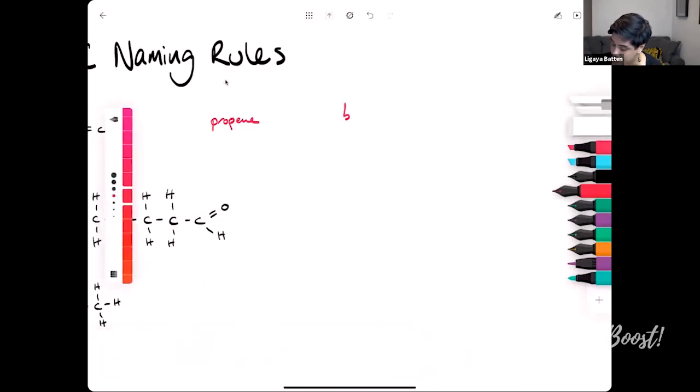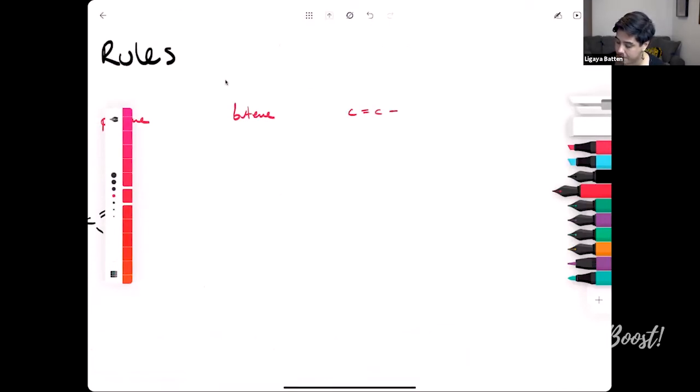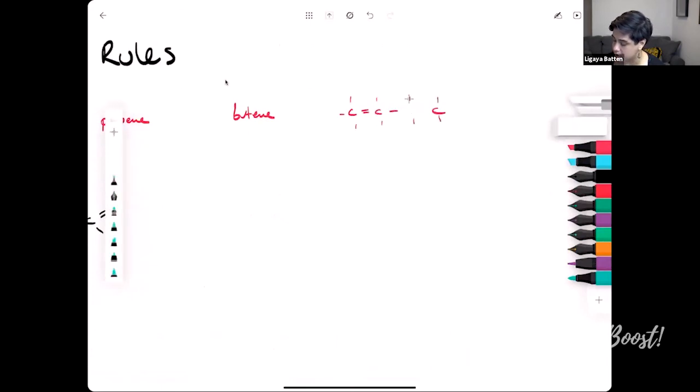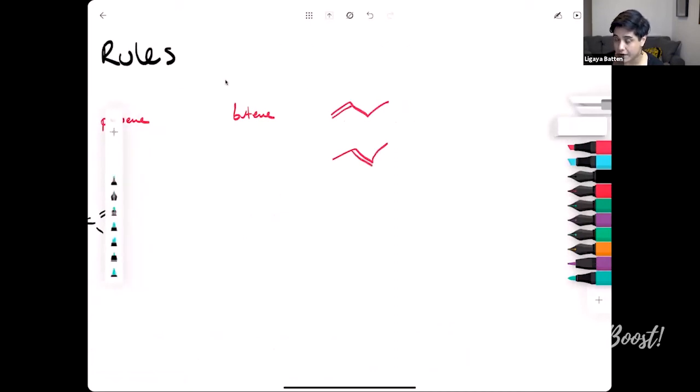If we wanted to draw butene, we do need the number to know which of the carbons the double bond is going to be attached to, because we could have the carbon-carbon double bond in the first 2 carbons, so we'd number these. Actually, I'll just do skeletal formula again, just to make it a little bit clearer, hopefully. So we've got butene. We could have it with the first carbon. We could have it on the second carbon. But we couldn't then have it on the third carbon because that's going to be the same.